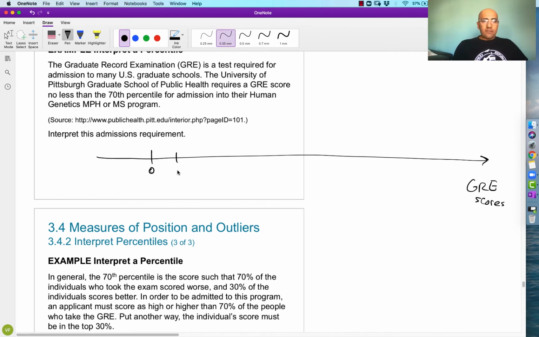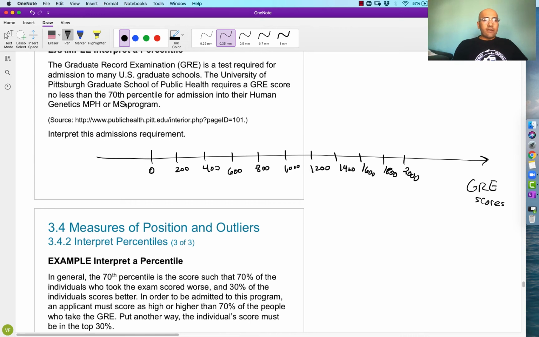So let's make it 0, 200, 400, 600, 800, 1,000, 1,200, 1,400, 1,600, 1,800, and 2,000. Let's say that the scores just go between 0 and 2,000.